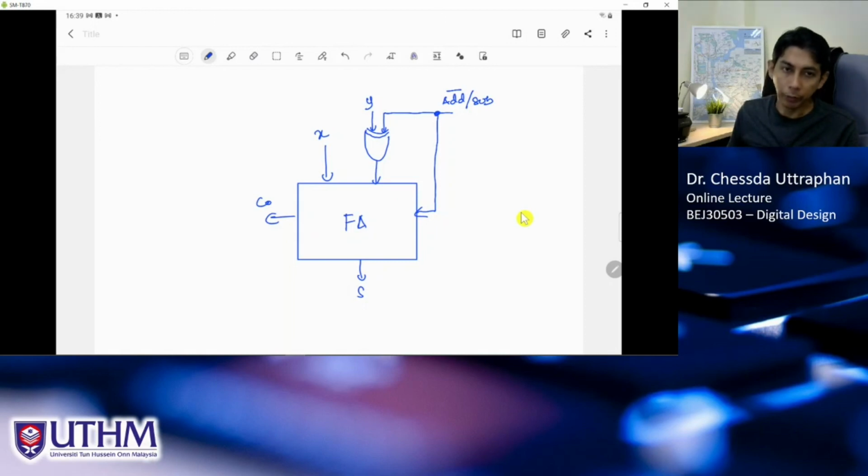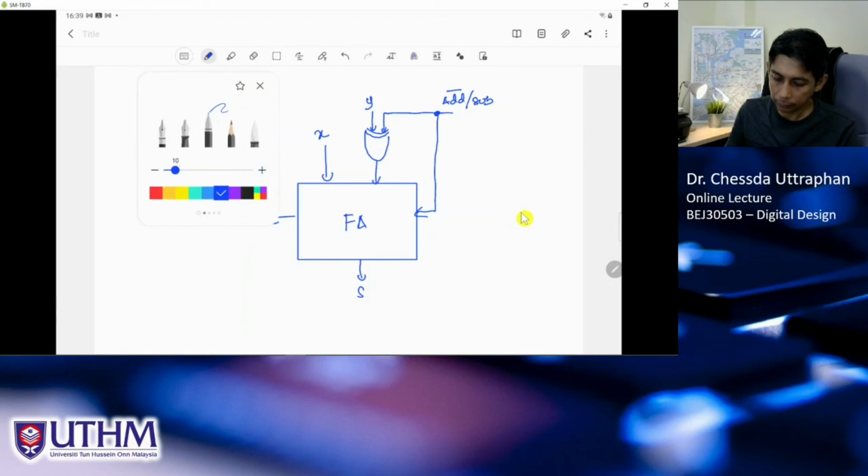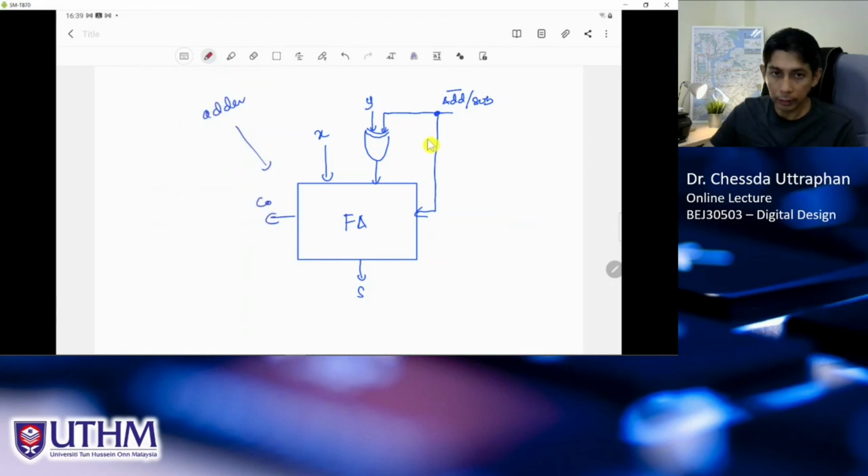So if, for example, we want this circuit to be an adder, what we do is that we set this signal to 0, right?